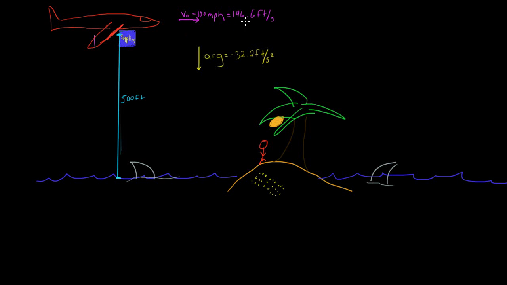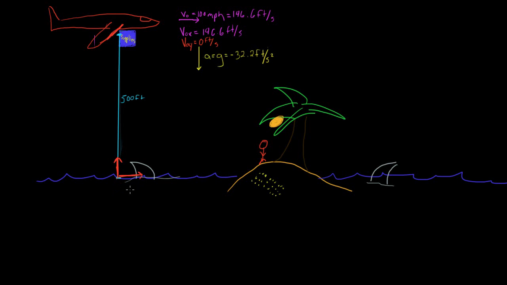So now that we have our initial x velocity, our v naught x, it's 146.6 feet per second. Our initial y velocity is going to be 0 feet per second because our plane is only moving in the x direction. And we are going to define our positive y to be this way, our positive x to be this way.